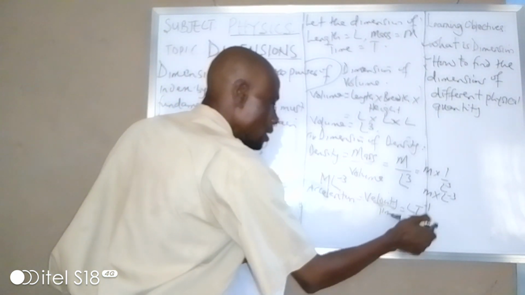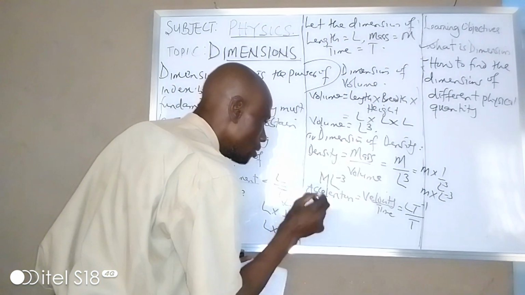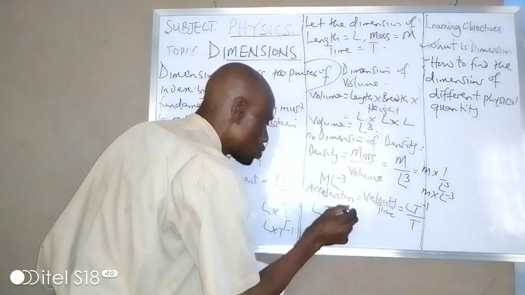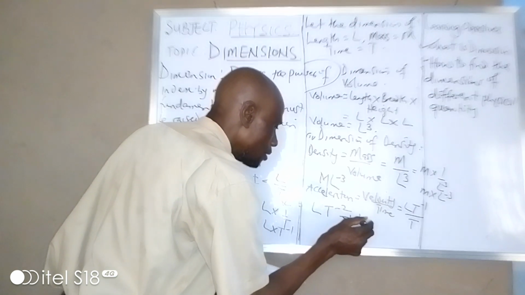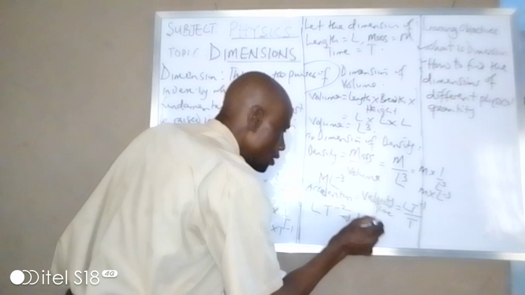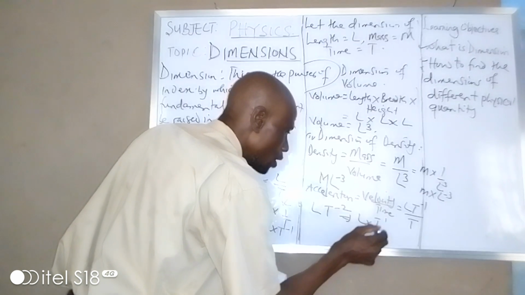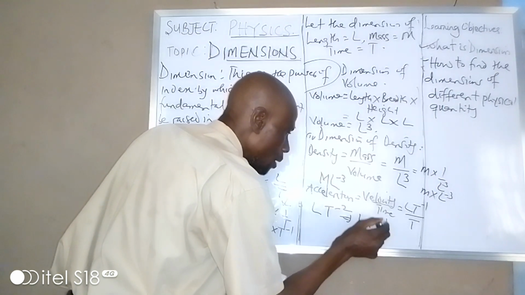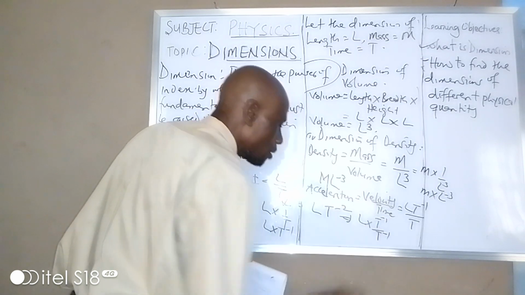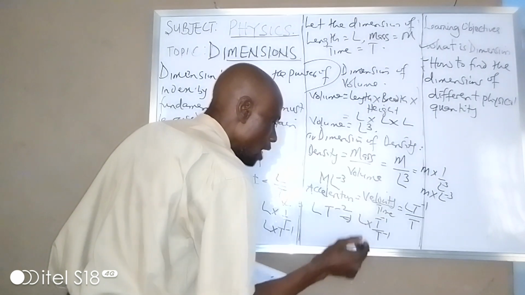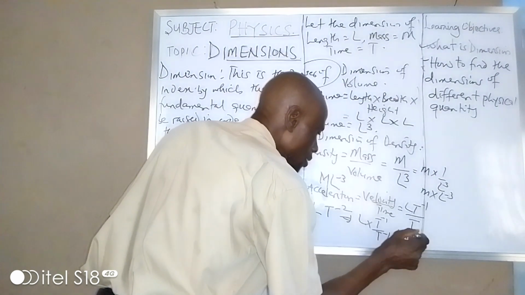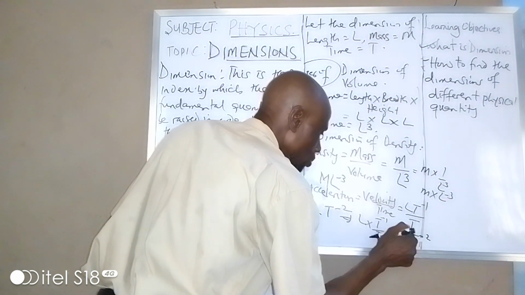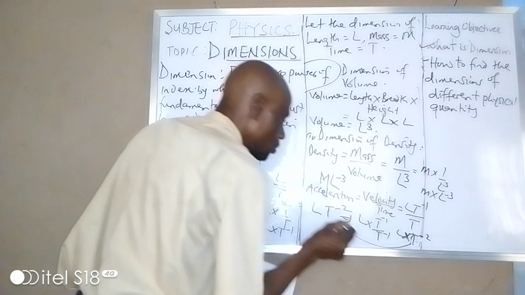By the time you combine them together, L T raised to power minus 2. How do we get this? This one means that we have L times T raised to power minus 1, over T. So by the time you bring this one, now I have L times T raised to power minus 2. So that's how we got this one.